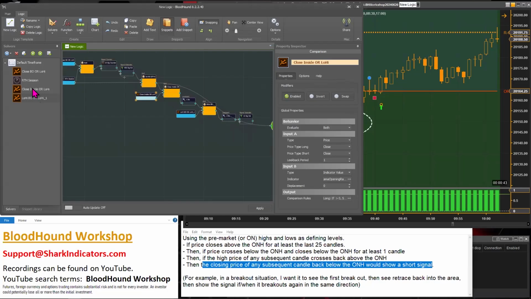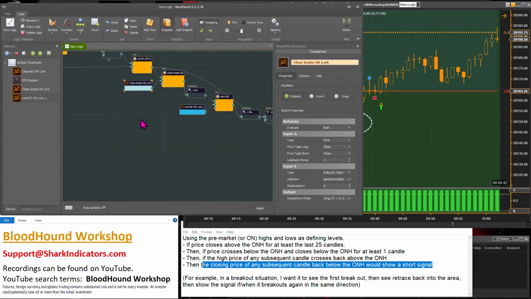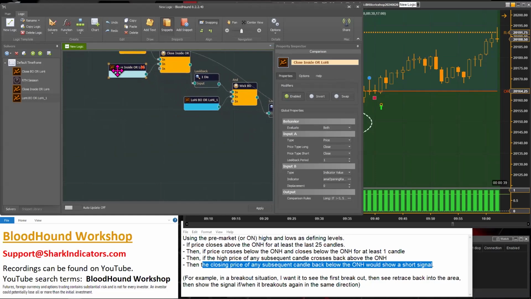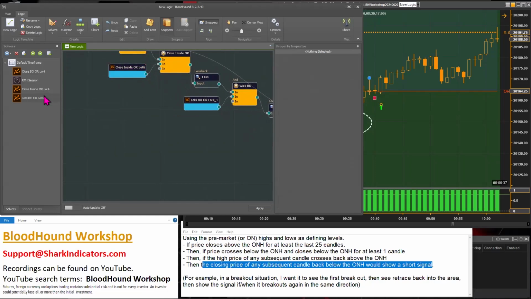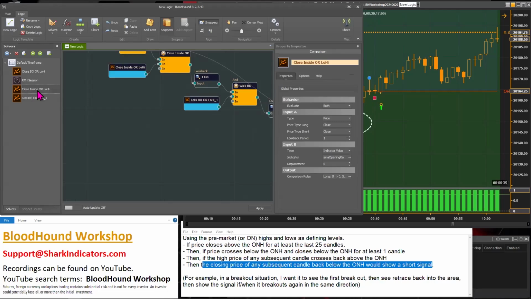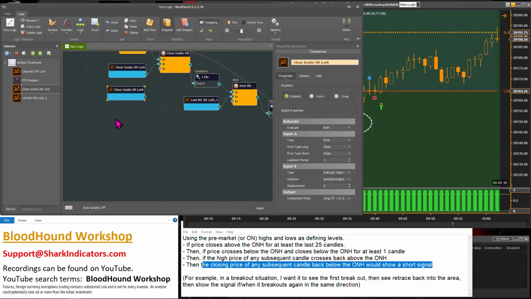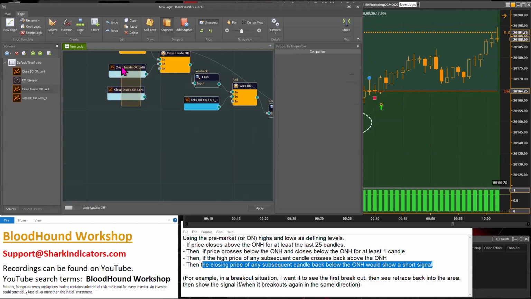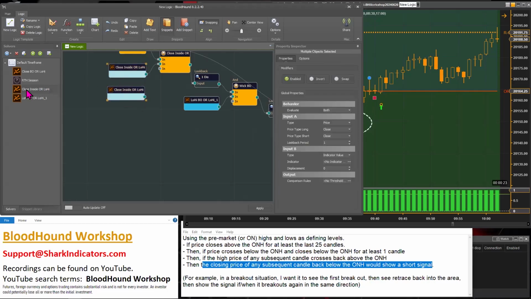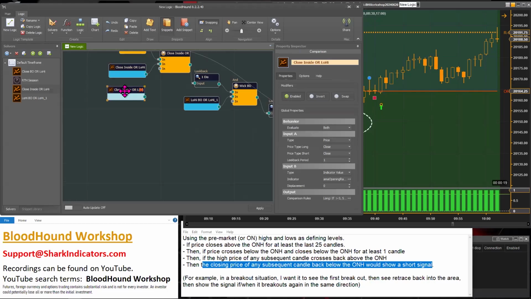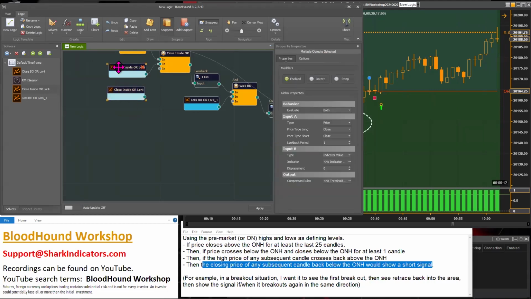So what I can do is this node, the close inside the opening range. It's this node right here on our list, and I can just drag this in like that. Now I have this same node. These are both the same node, it's this one node right here on the list, but we can visually see it twice. So this isn't two nodes.